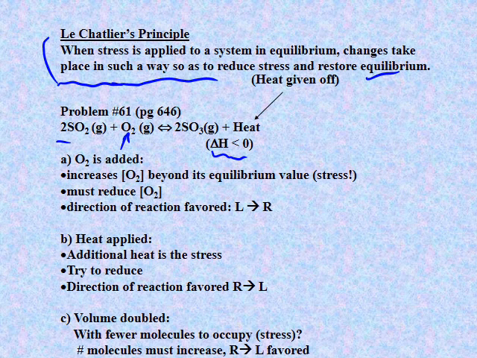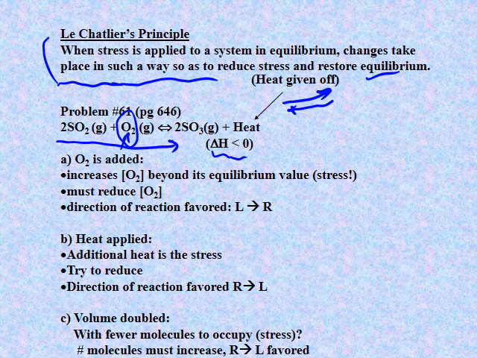Now remember that a reaction can go in two ways. Left to the right, that means it can form more products by using up reactants, or it can go the other way, forming more reactants by breaking down products. Now, when it wants to minimize the amount of oxygen, only one way it can go, which would be from left to the right, because that's how you make use of oxygen and minimize its amount.